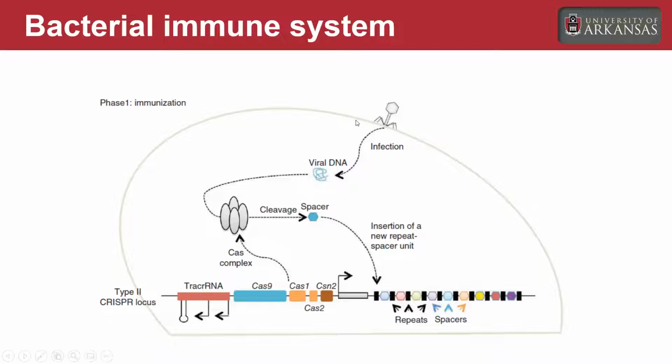Somehow it manages to survive the initial infection and incorporates that little bit of information in this spacer sequence into this long array of repeats. You can see the repeats in the colored hexagons in the bottom right. This information is stored and remembered. It's actually a reading history of different bacteriophages that have infected that bacterial cell over time. So it remembers this information.